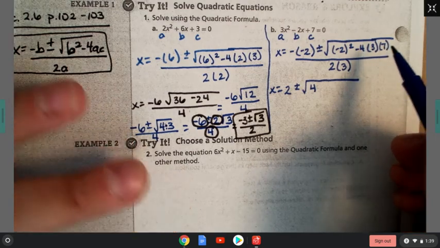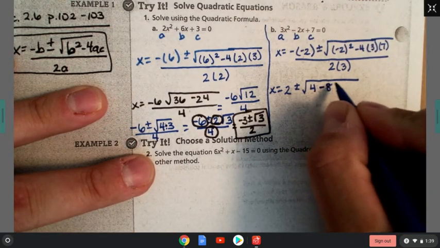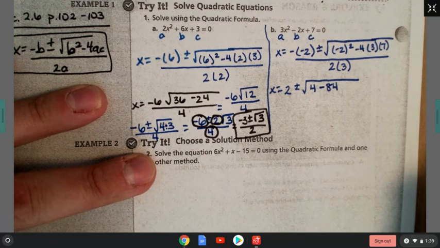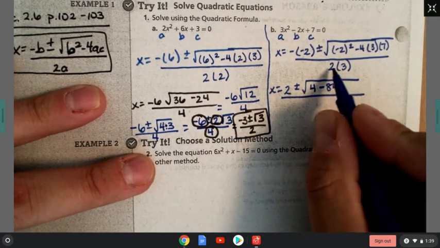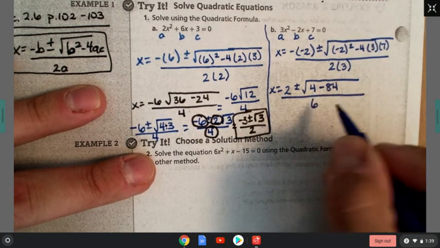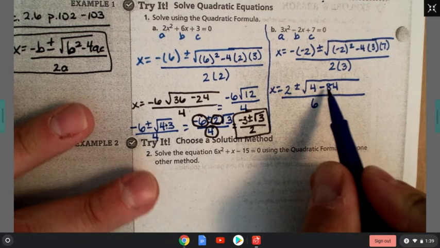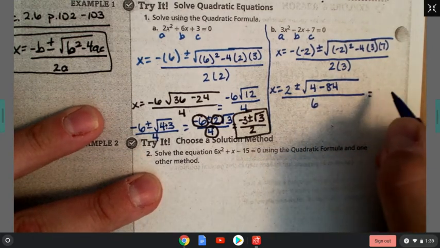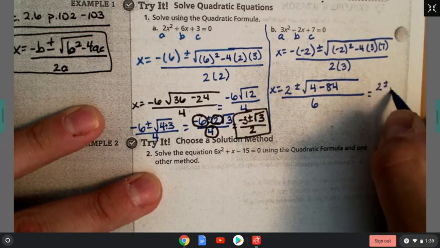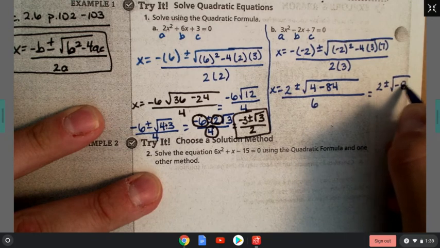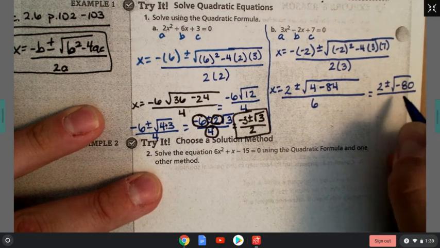Negative 12 times 7 is negative 84. All over 2 times 3 is 6. Okay, so now we need to simplify underneath the radical. So 4 minus 84. So that's 2 plus or minus the square root of negative 80 all over 6.